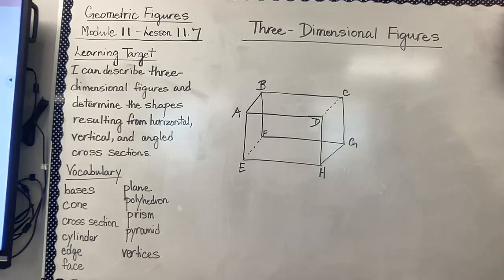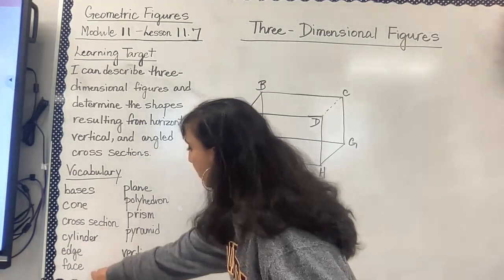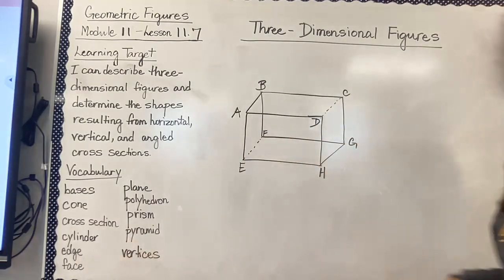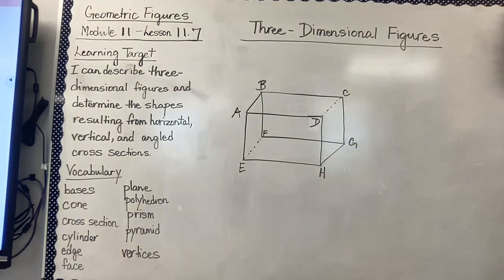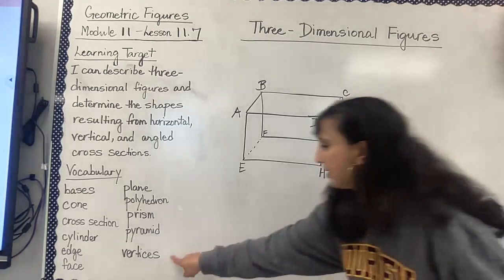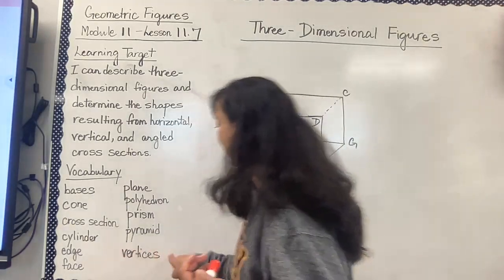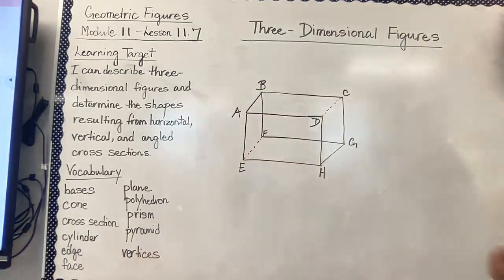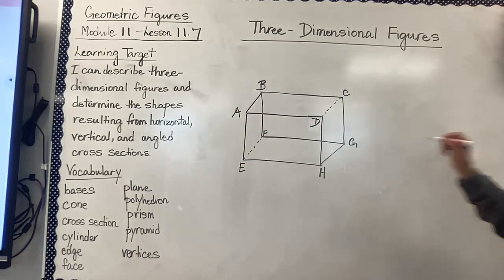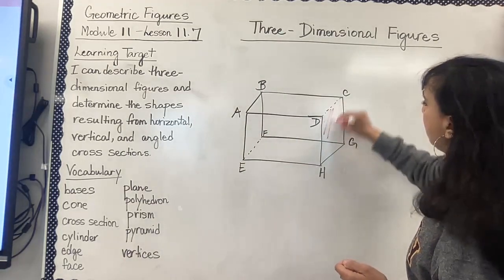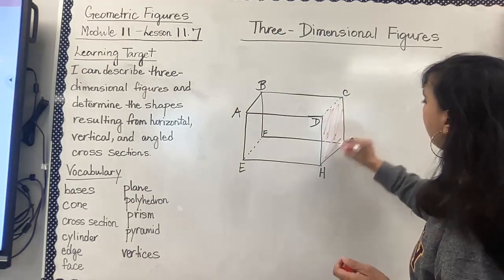But let's say the diagram shows the parts of a prism: the faces, the edges, and the vertices. So these are the three things that we are going to talk about. Let's say I just do this part and I color this whole thing.